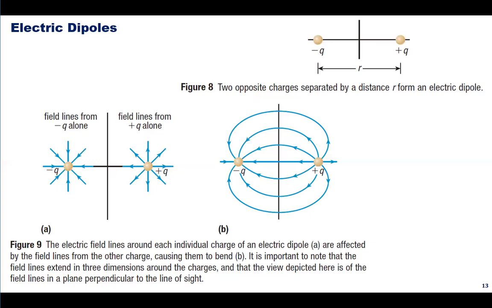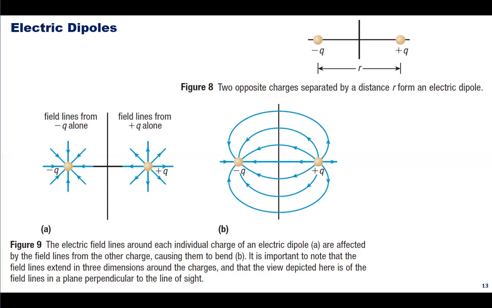Notice that along the vertical axis midway between the two charges, the electric field is parallel to the line connecting the two charges. This remains true along the vertical axis at all distances from the dipole, although the magnitude of the electric field decreases at distances that are farther away from the dipole.